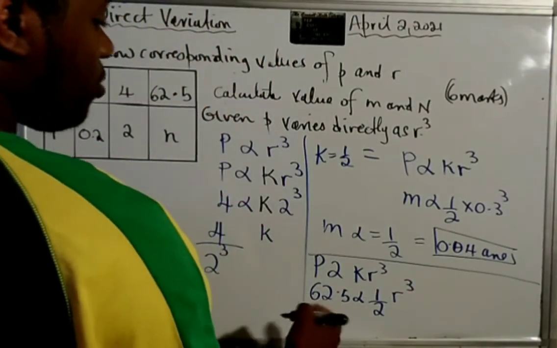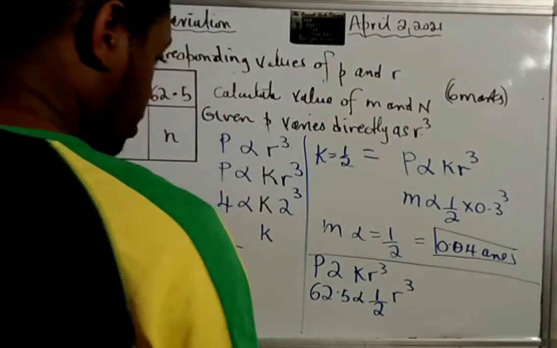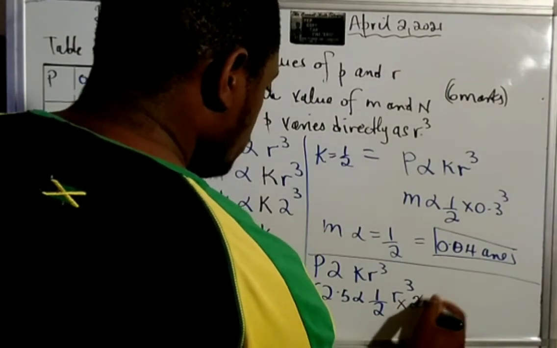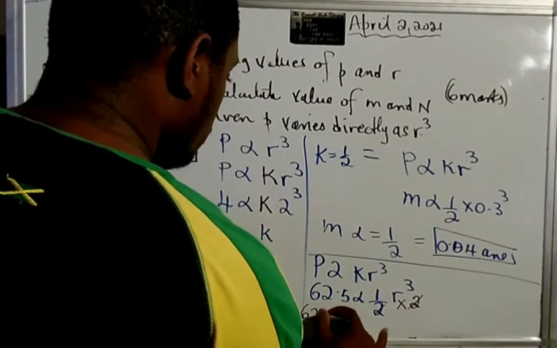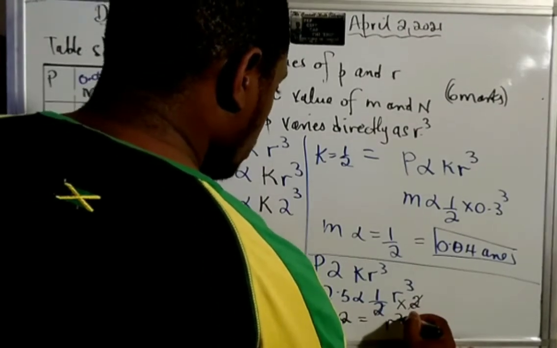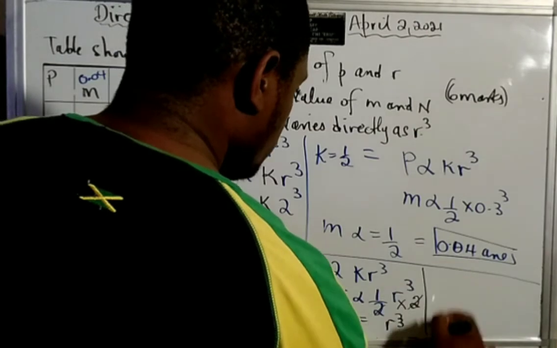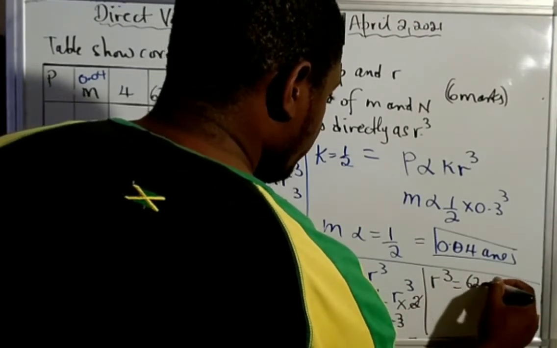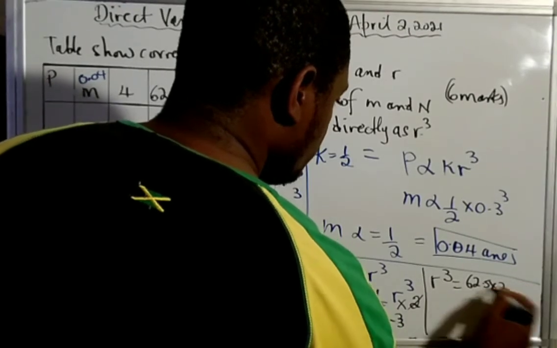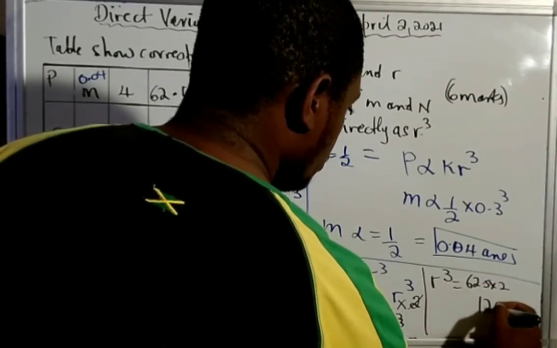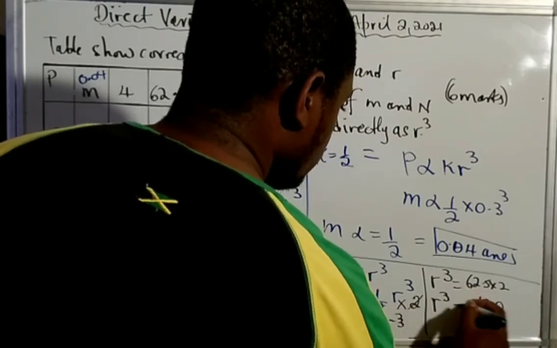So we can just transpose. We get rid of this half by times-ing by 2. What we do to one side, we do to both sides. So this times 2 is equal to R cubed. R cubed is equal to 62.5 times 2, which is 125.